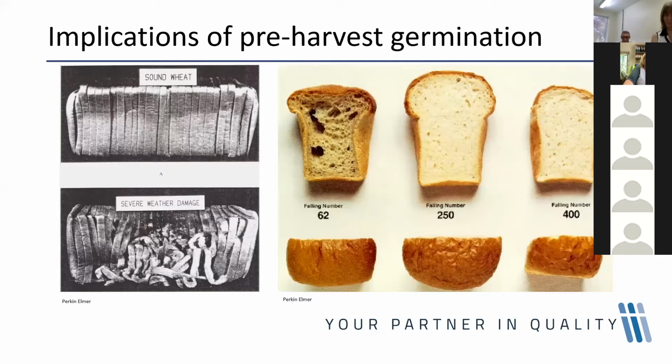So the implications of pre-harvest germination, you tend to see these both in processing as well as in end product quality. So in terms of processing, when you have low falling numbers, you tend to have doughs that are quite sticky.